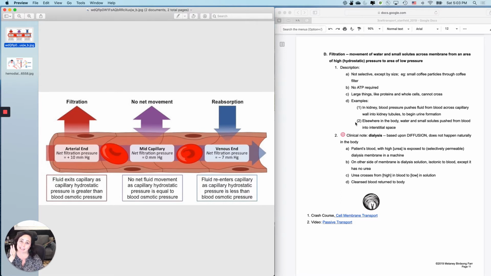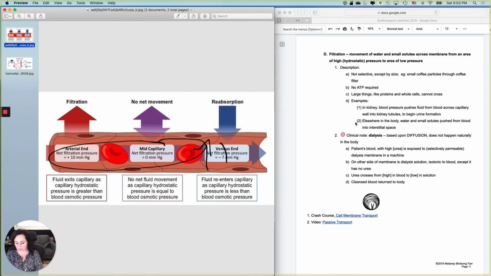And then the kidneys are even better than anywhere else at doing filtration, because the pressure in the kidney capillaries is super duper high, and the kidney capillaries are really porous. So you get really, really effective filtration at the kidneys.